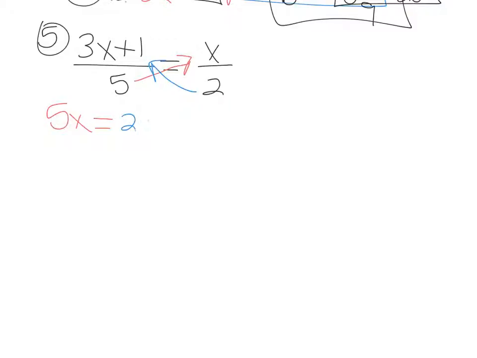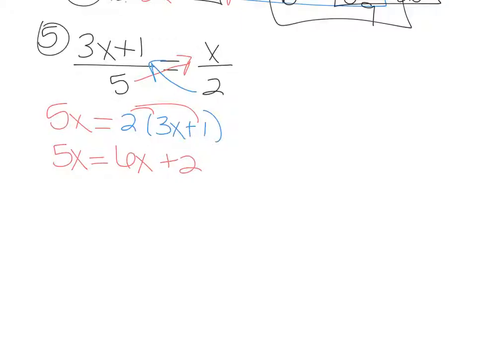So we put 2, and then 3x plus 1 in parentheses. So 5x equals 2 times 3x gives me 6x. 2 times 1 gives me 2.